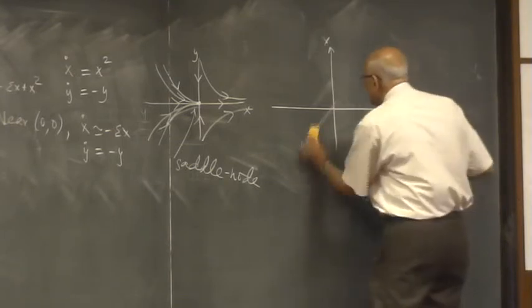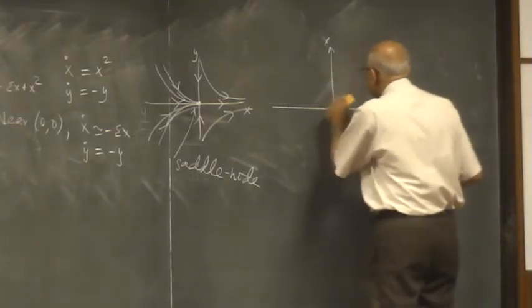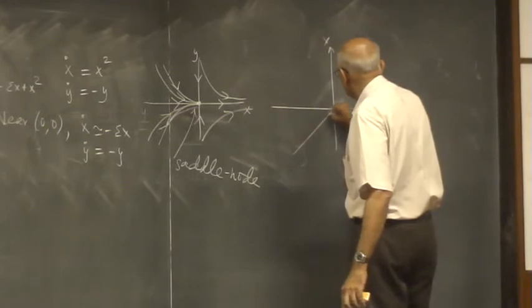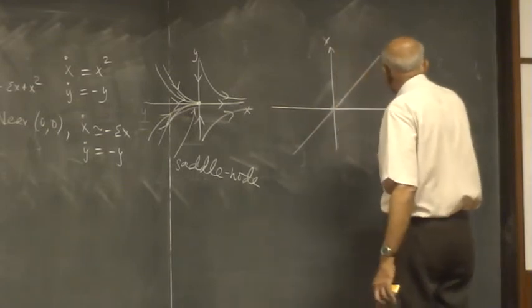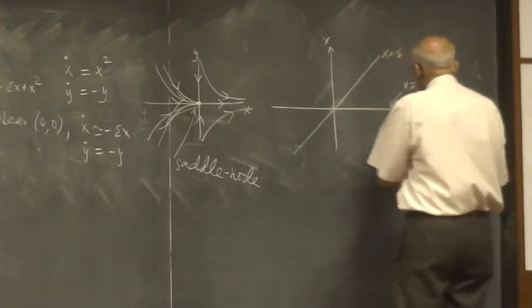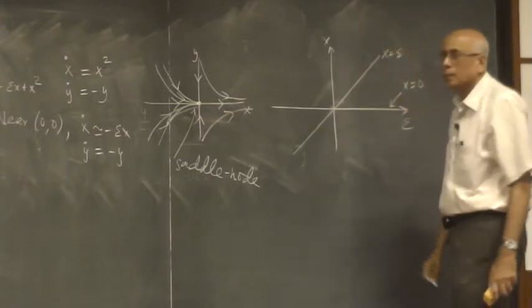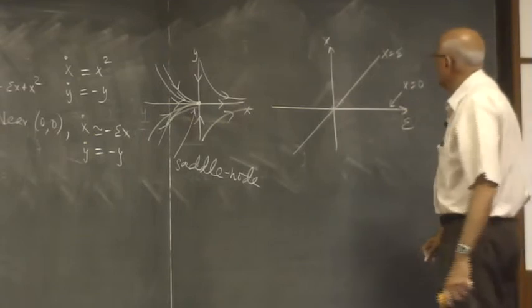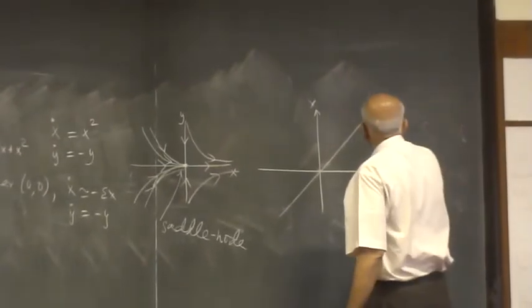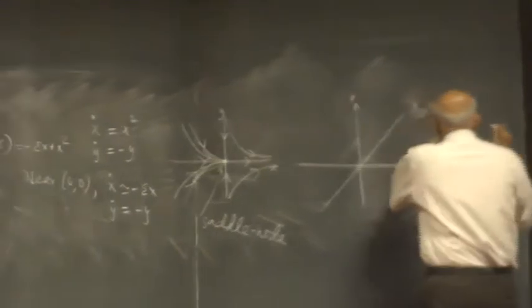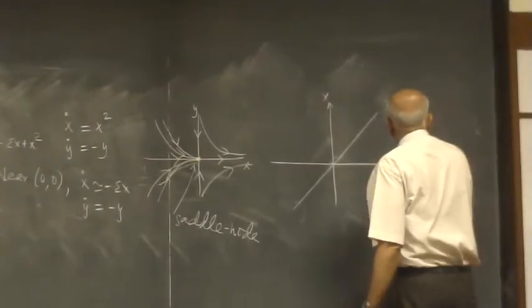So let's draw the line x equal to epsilon. This is the line x equal to 0. And I would like to write x critical point, so x CP. So always the critical line.